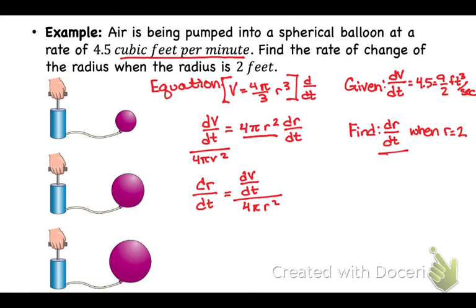Plugging in. So what is dV/dt? 9 over 2, and it says 4 pi. Well, those are numbers. And r is 2. 2 squared, right?